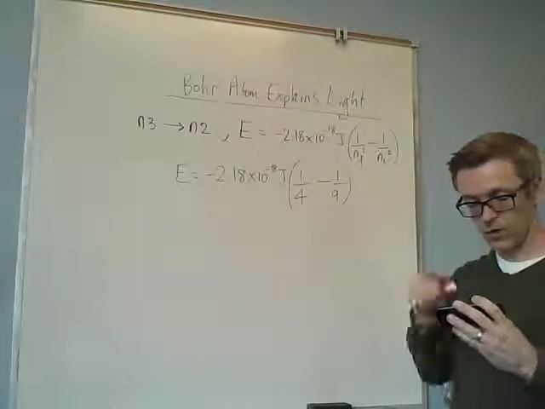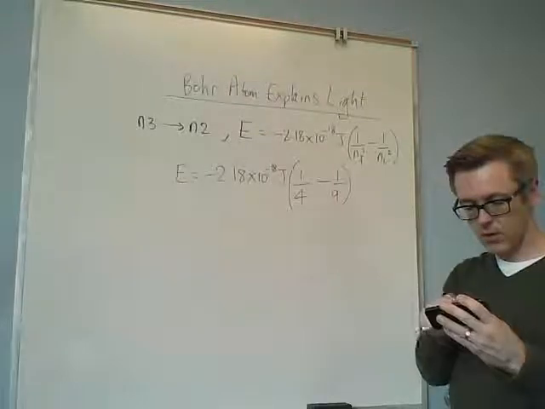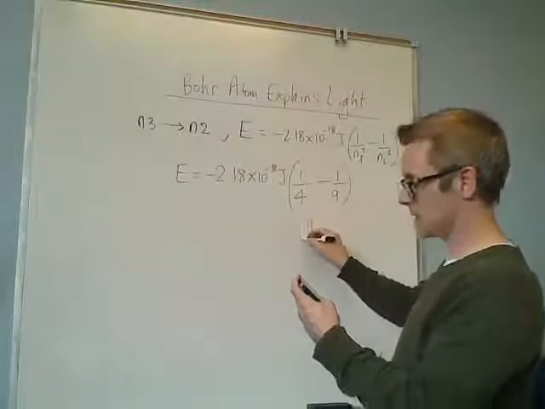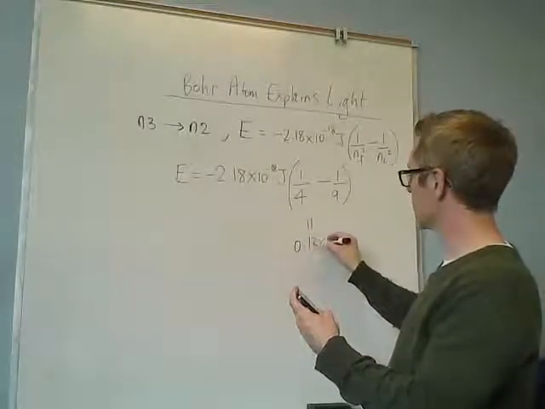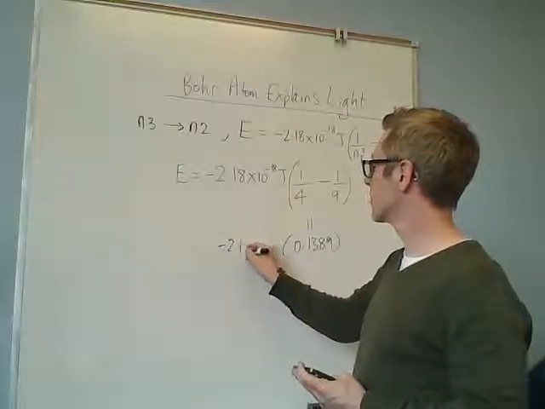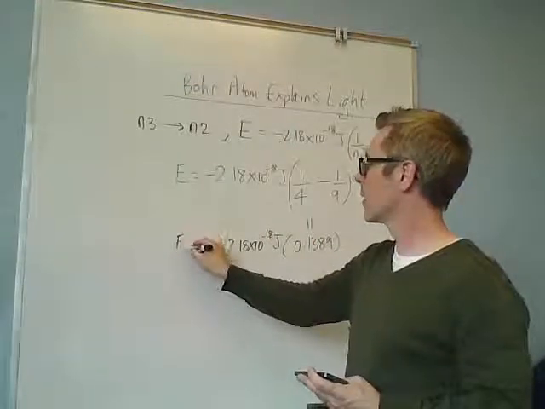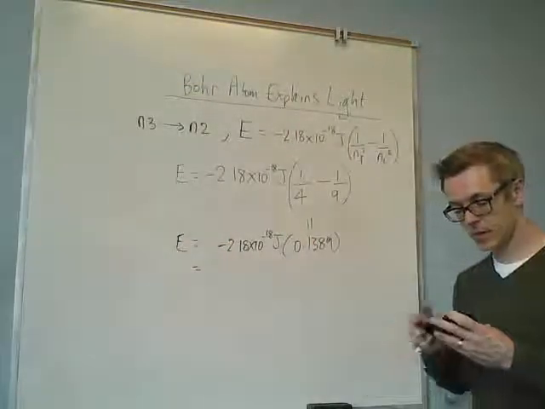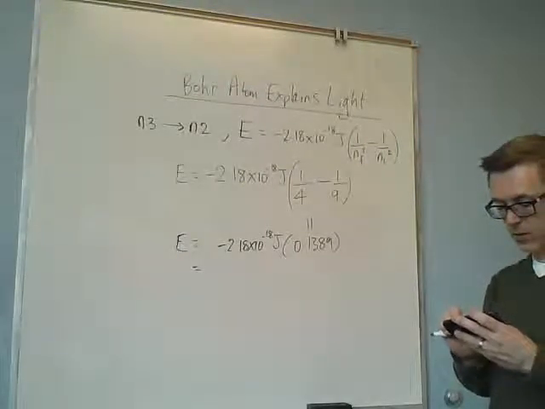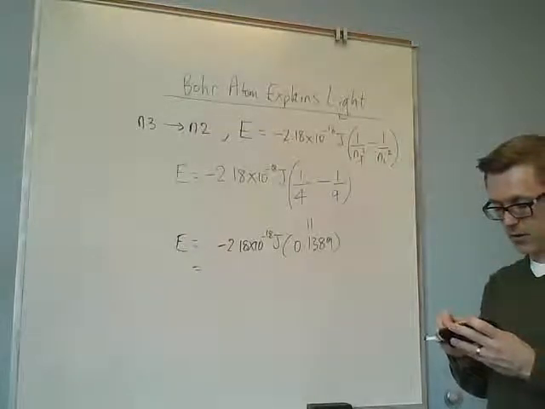So 1 over 4 minus 1 over 9 is 0.1389. So we're going to multiply that by this constant, 2.18 times 10 to the power of negative 18.